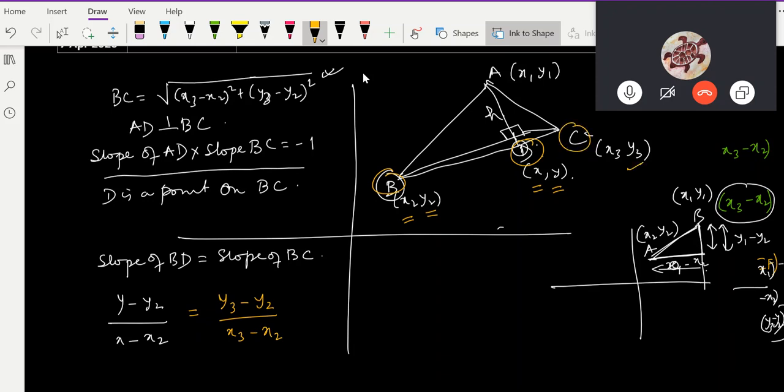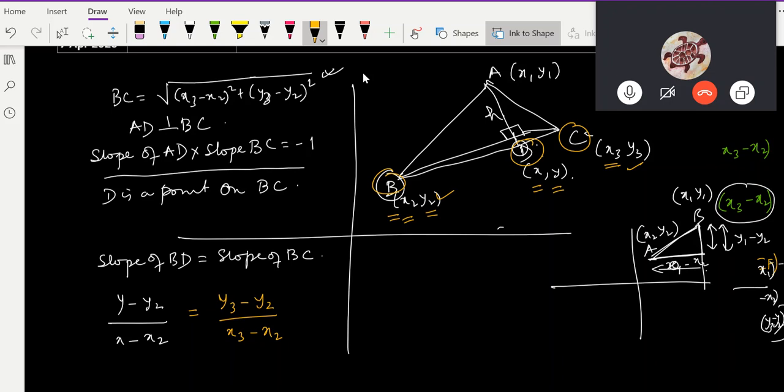Difference of y coordinates by difference of x coordinates, right? So this is the relationship between the slope of BD and slope of BC, right?